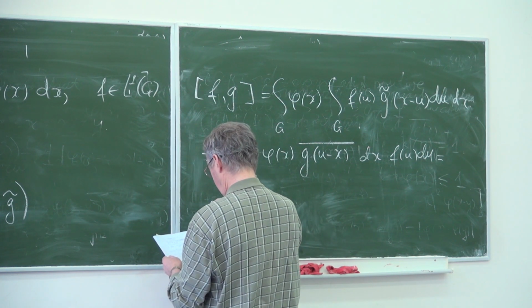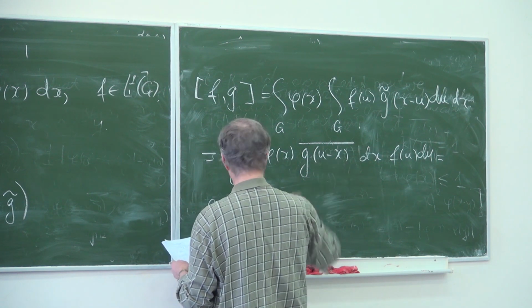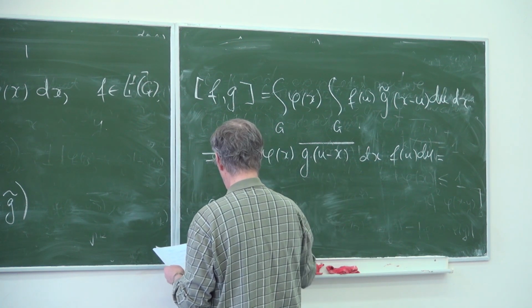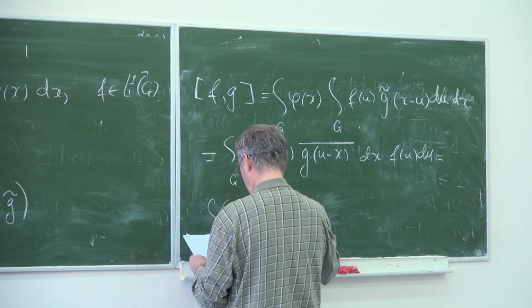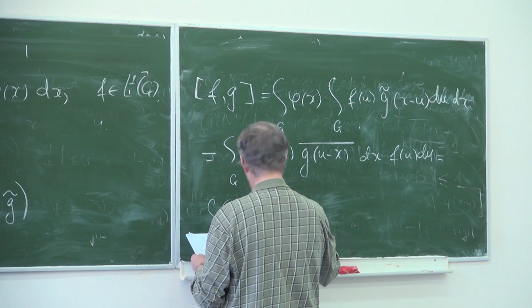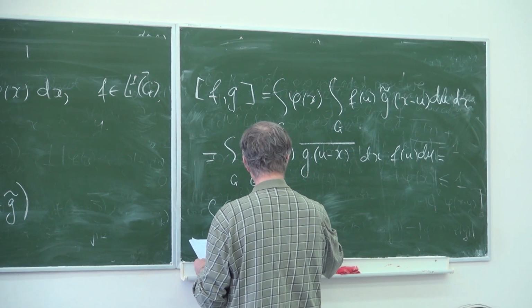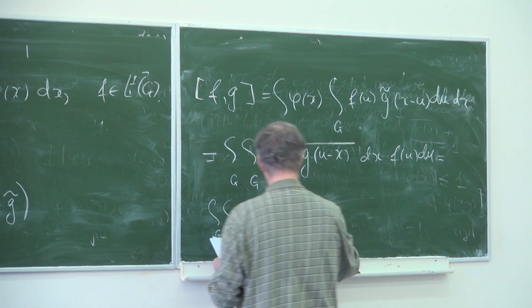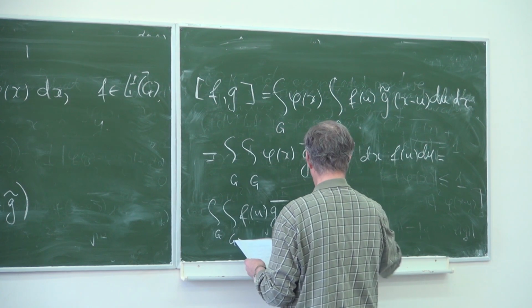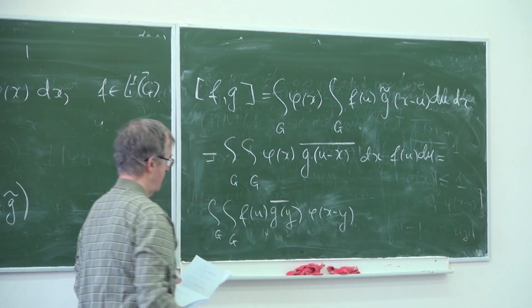So after a change of variables here, it will be equal to the integral over G of f of u, g bar of y, phi of x minus y. So this new variable y is u minus x.